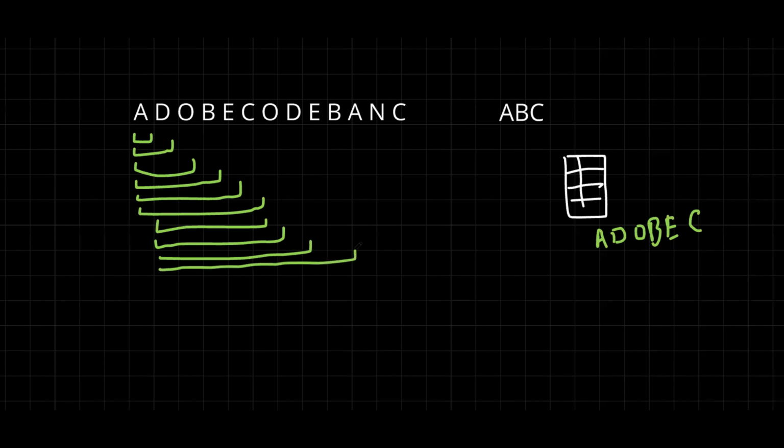Now, for this window, we have found the elements A, B, and C in the corresponding window, right? So here, it can be one possible window, which is DOBA. Now, as we have found another window, let us shrink the window.